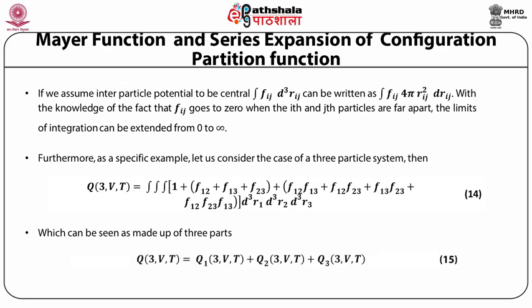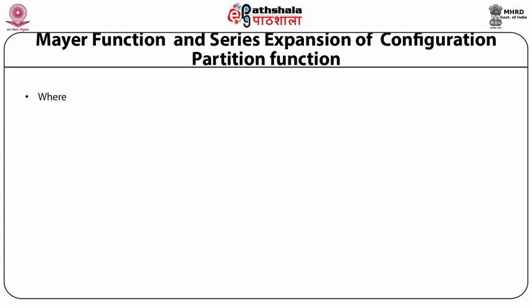Q1(3,V,T) plus Q2(3,V,T) plus Q3(3,V,T), where Q1 is equal to a triple integral over r1, r2 and r3, which is equal to V raised to the power 3.